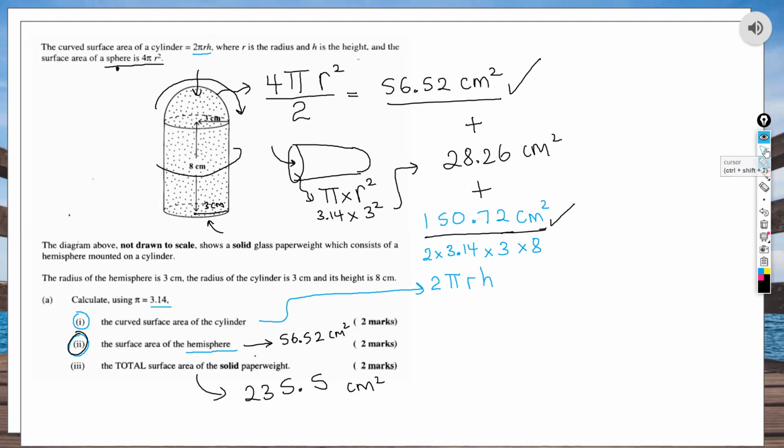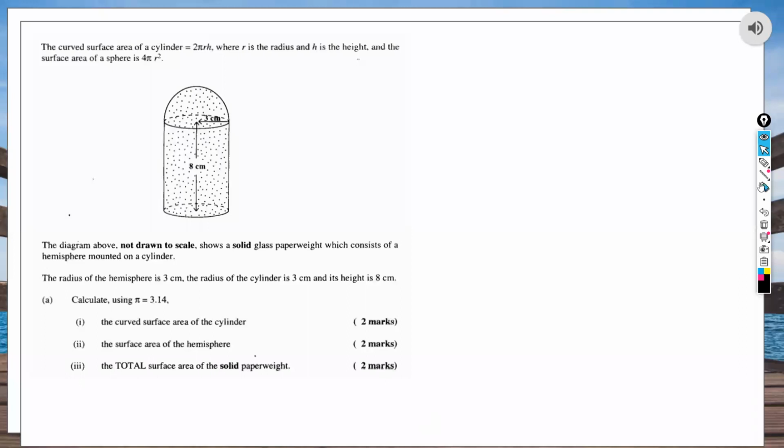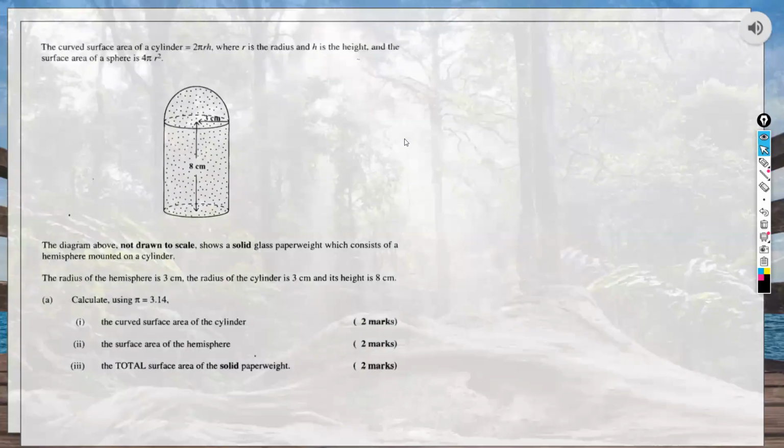Make sure you physically see it on your calculator. All right, so let's move on to another part of the island and let's see what we encounter.